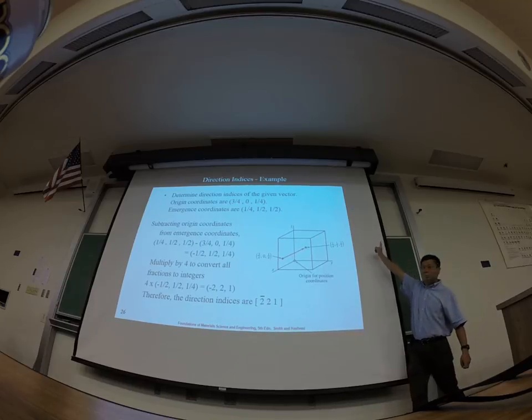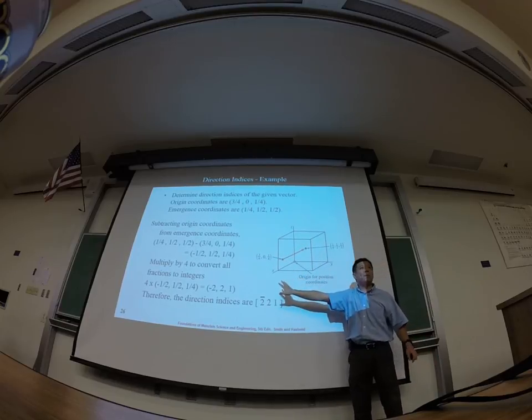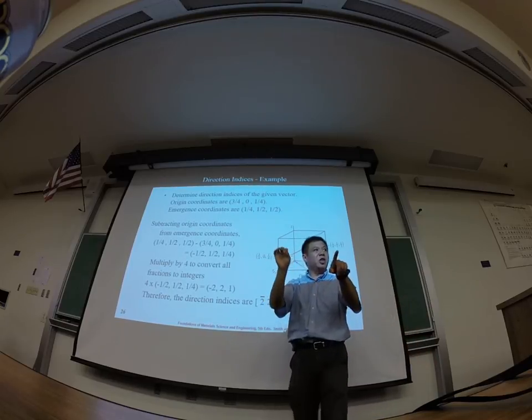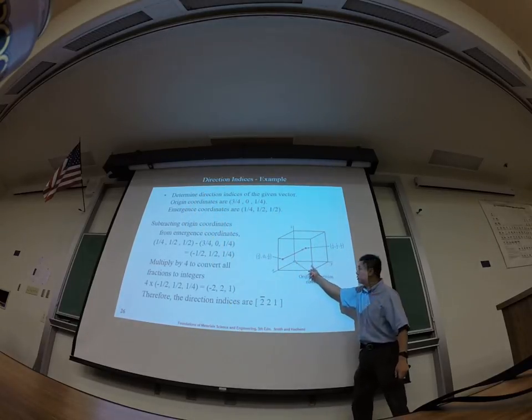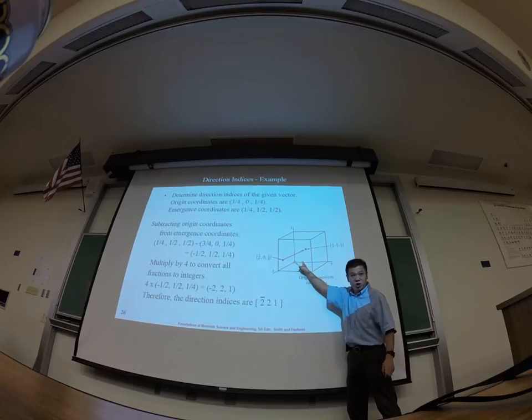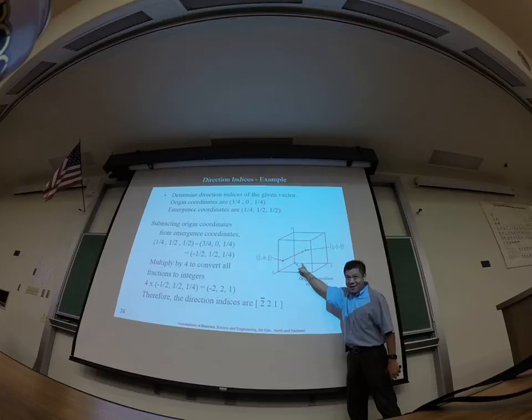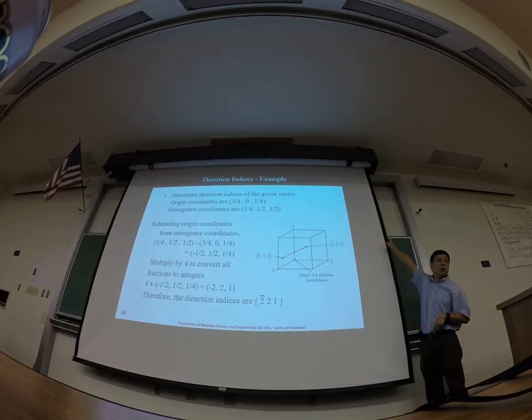But don't forget, when we talk about the emergent part of this vector, we only consider the emergent part out of the basic unit cell. Right? Think about that. We do not use that endpoint.